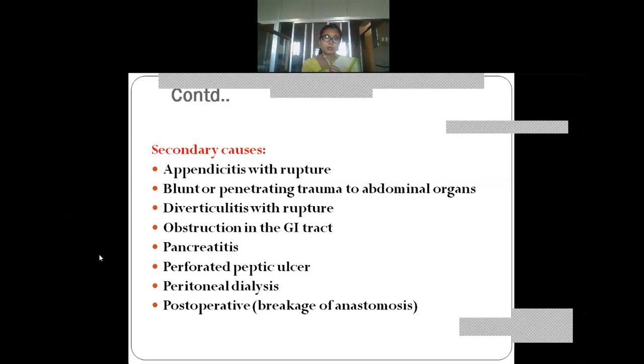And in case of peritoneal dialysis, a catheter will be placed in the peritoneal cavity, and in this case the peritoneum will act as a membrane, and here all the nitrogenous waste product and other waste product will be removed from the body.